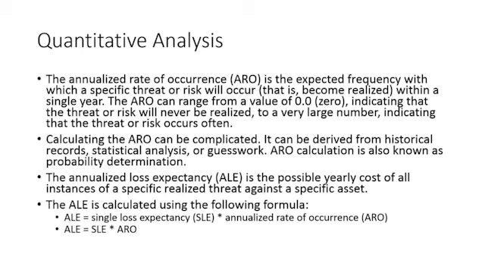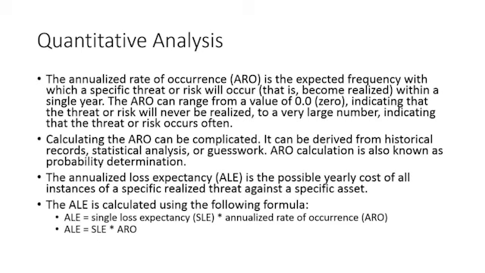Now, it can have a range of 0, that is no risk, no threat, everything's cool, to a very large number, indicating that the threat or risk could occur pretty often. So it can be 0, like, oh, it never happens. That's awesome. You don't think that's going to happen, but that's awesome. Or it could be 12, once a month, 24, twice a month, 6, every other month.